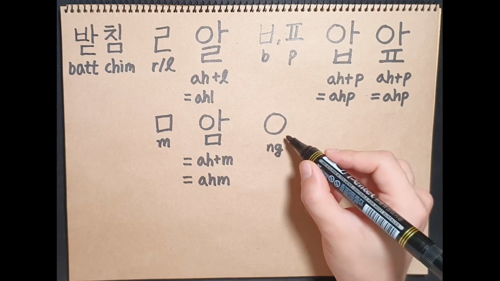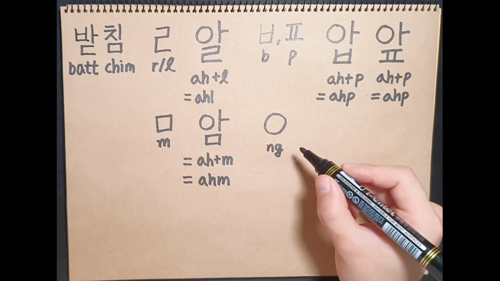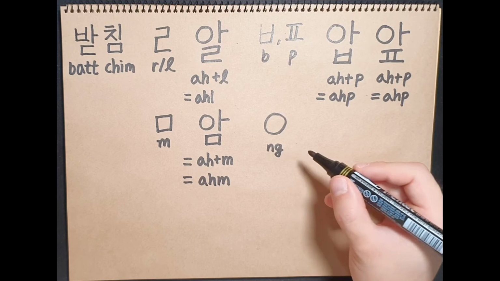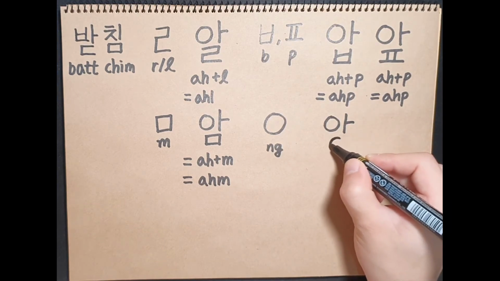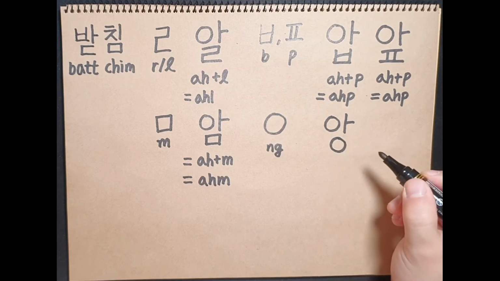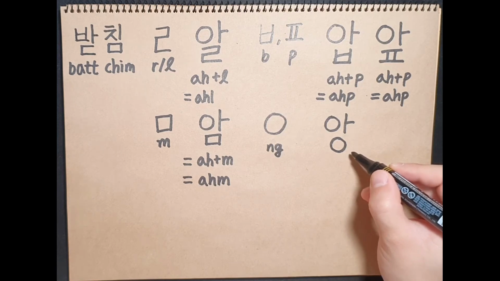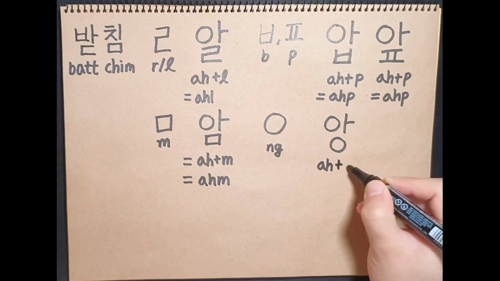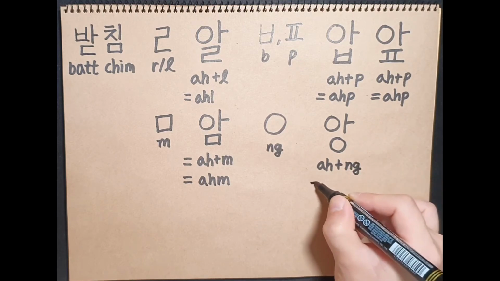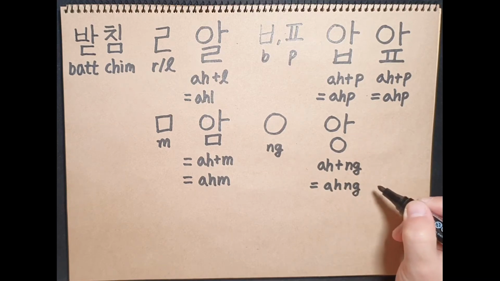So with A and ieung at the bottom of a letter, it becomes ang.